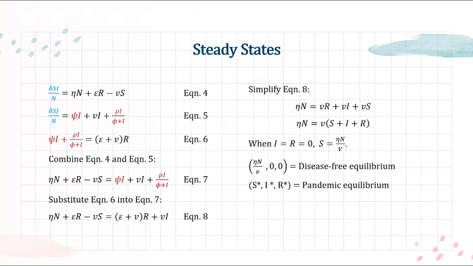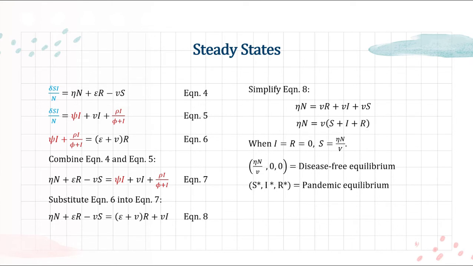First, we combine equations 4 and 5, and it becomes equation 7. Then, we substitute equation 6 into equation 7 to obtain equation 8. After that, we will simplify equation 8.